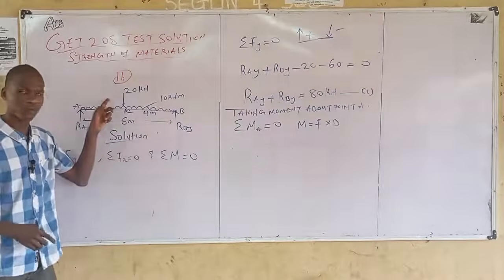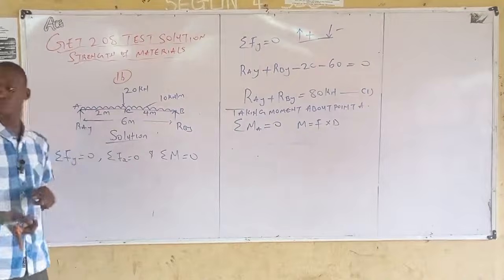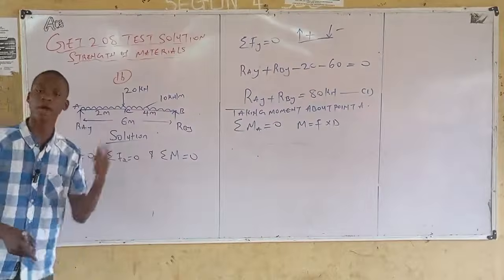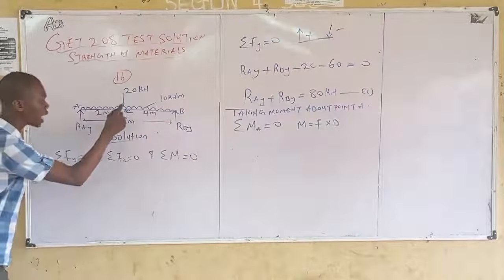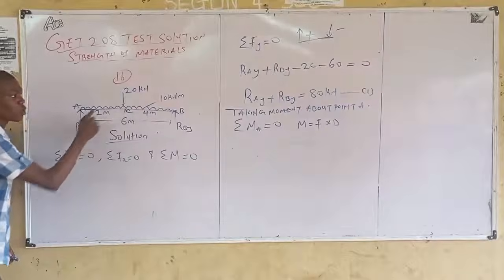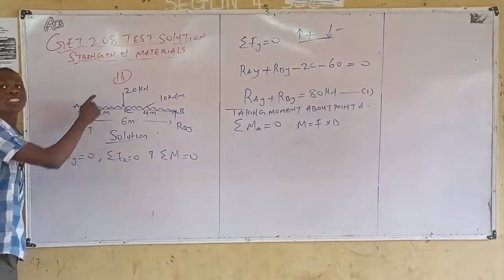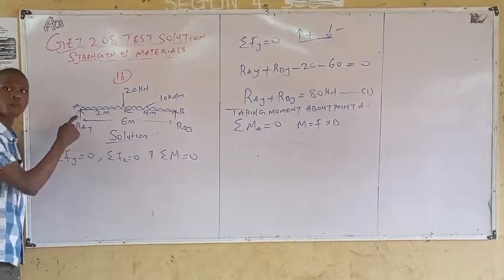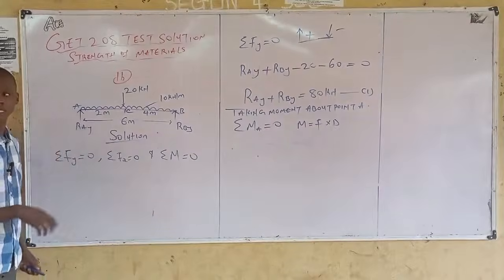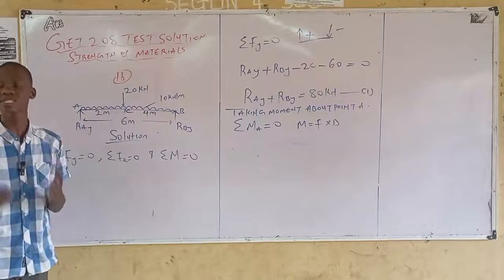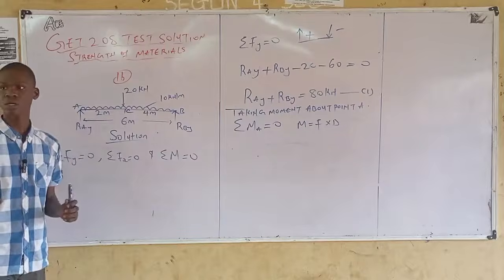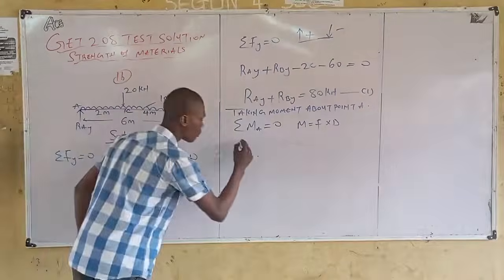So the moment of this force is what? 20 times 2, right? But what's the direction? It is going like this, right? Why is it clockwise? It is going in the direction of your clock, of your work clock. That's why it is clockwise. And clockwise means what? Positive. Any question? So what I am saying is that positive.